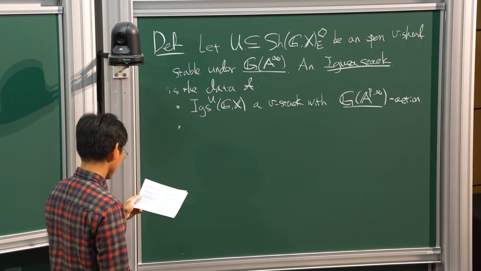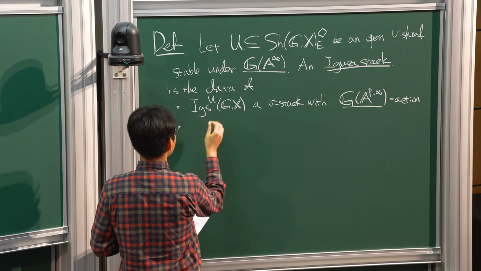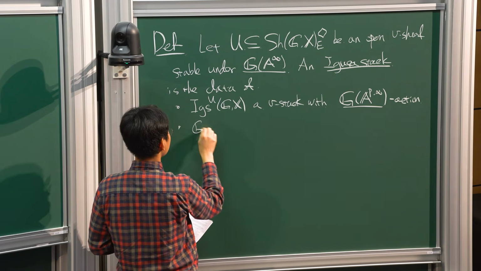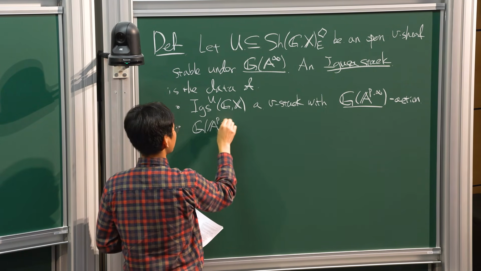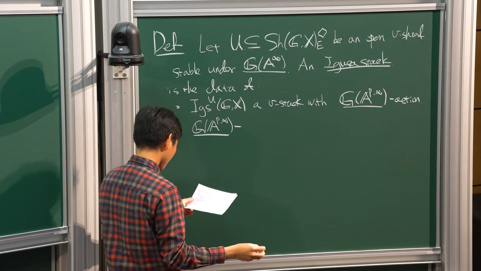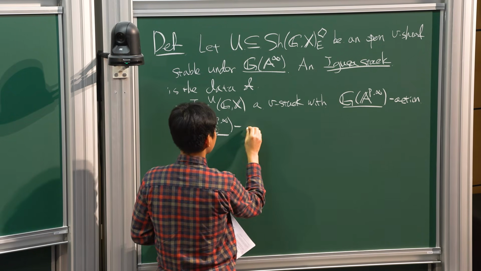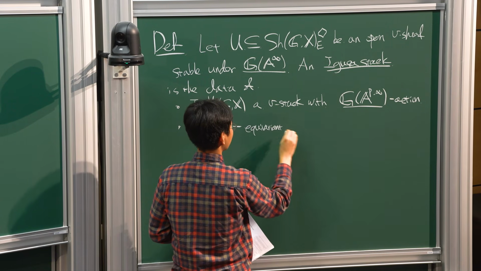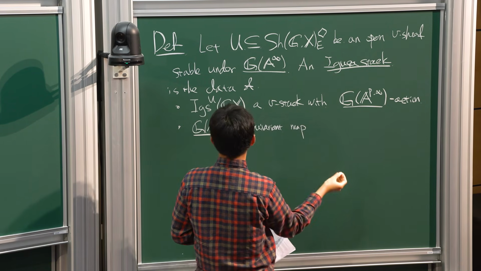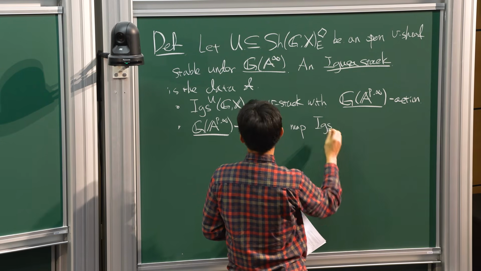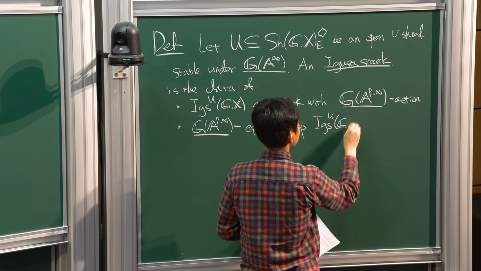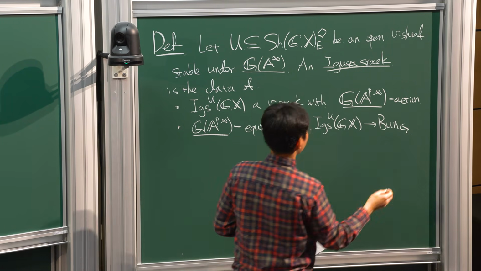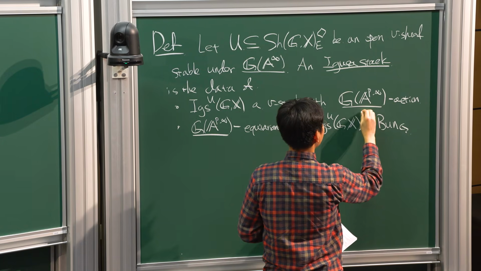So I want a map from this thing to Bun_G. So it's a G-equivariant map from X_U of G_X to Bun_G, which we call pi Hodge-Tate bar.